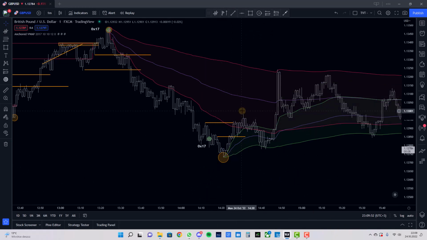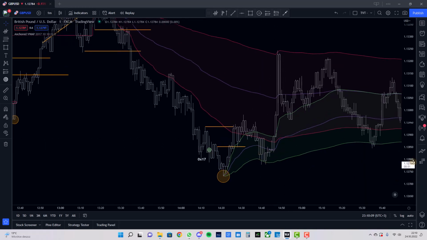After this move, I'm putting VWAP, and I would like to see the reaction. If it's broken, maybe this is the manipulation, and I am looking for a reason why the hell it happened.